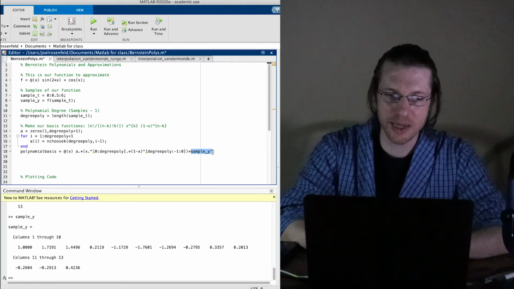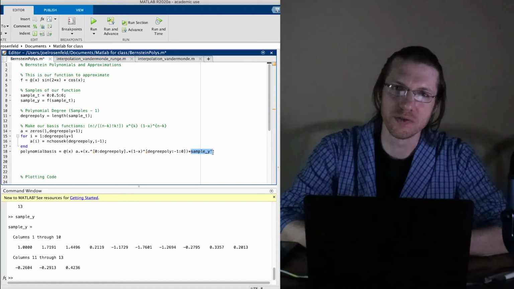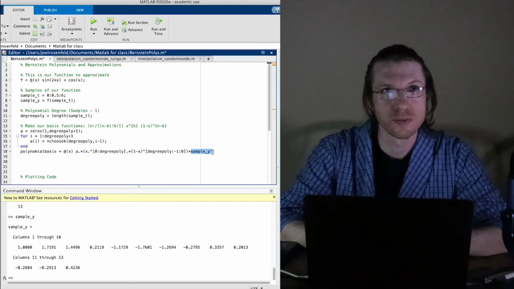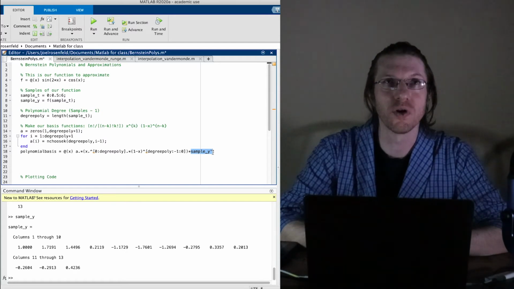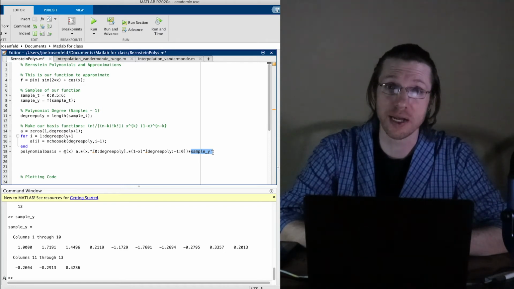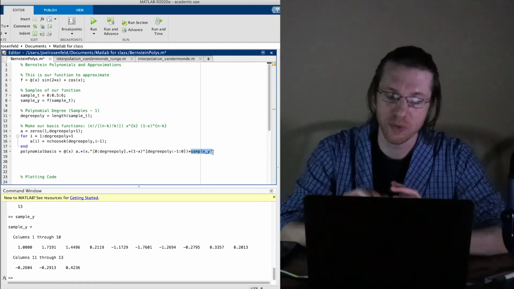And so this is going to be f of 0 over n, f of 1 over n, f of 2 over n, f of 3 over n, etc., until you get f of n over n. And so that's going to be at, say, 1.